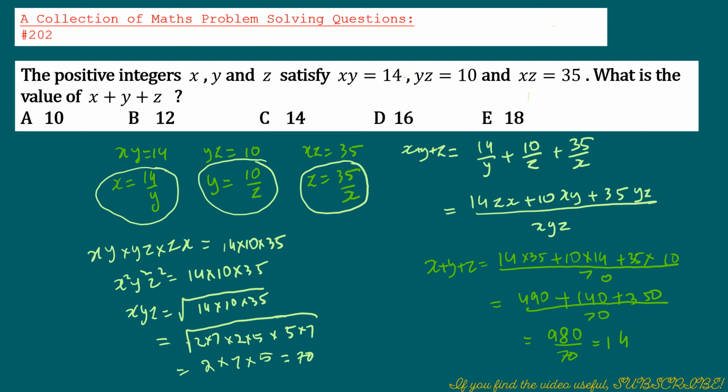Okay, so we get x plus y plus z equals 14, and so the answer will be C, 14.